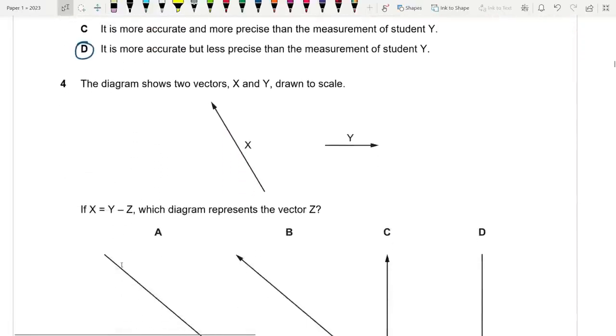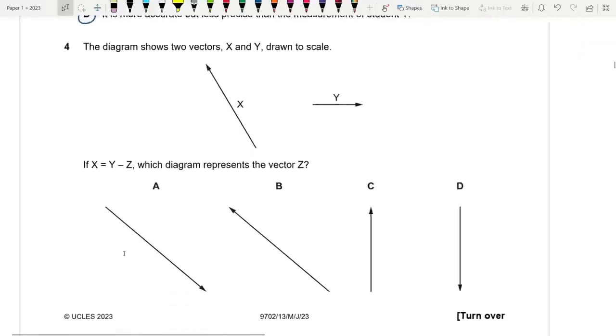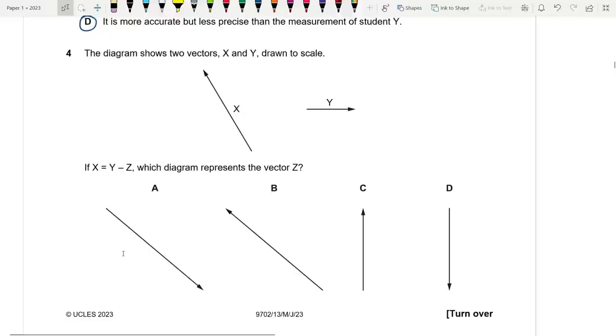Okay. Diagram shows two vectors x and y drawn to scale. If x equals y minus z, which diagram represents the vector z? So if we make z the subject, x equals y minus z, so z is equal to y minus x. Okay, so we go for y over here. Let me move this working somewhere else.